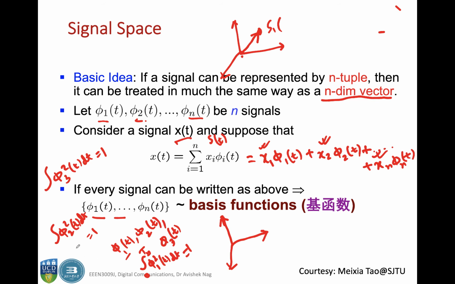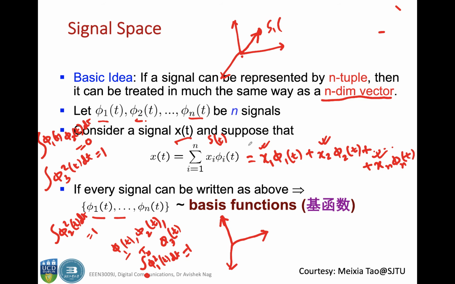Let's say phi1(t) times phi2(t), if you integrate this over dt, this is 0. Similarly for phi2, phi3, you get 0, and for phi3, phi1, we get 0.